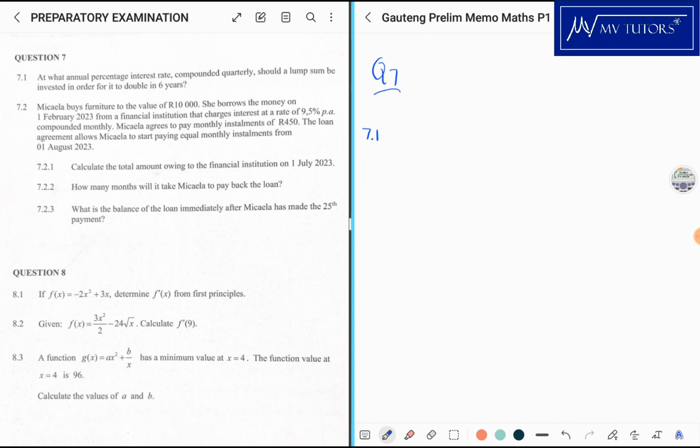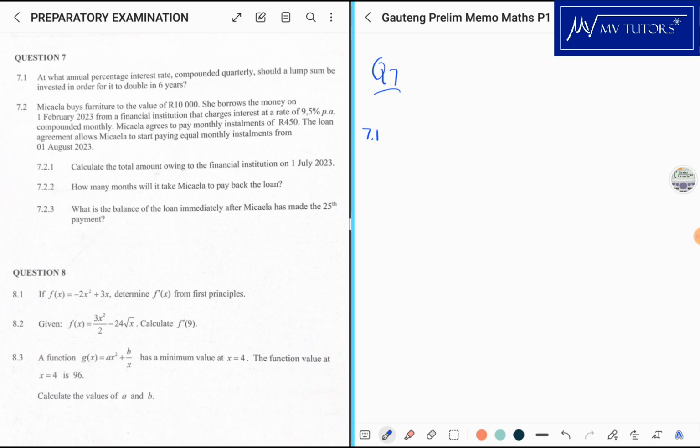But anyway, it says, at what annual percentage interest rate, compounded quarterly, should a lump sum be invested in order for it to double in 6 years? So as soon as they say lump sum, think about the compounding equation, not the annuity.